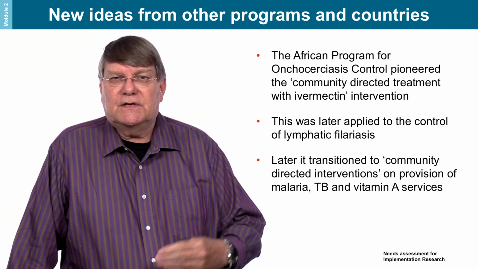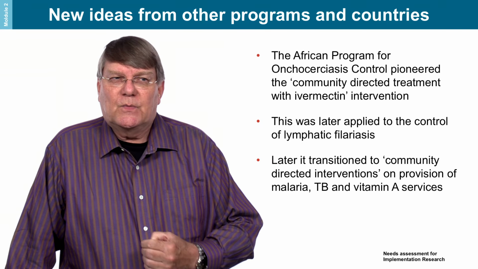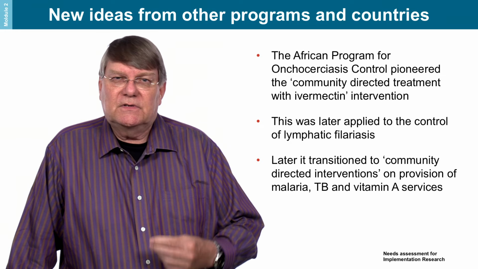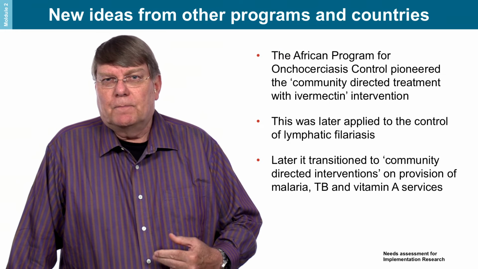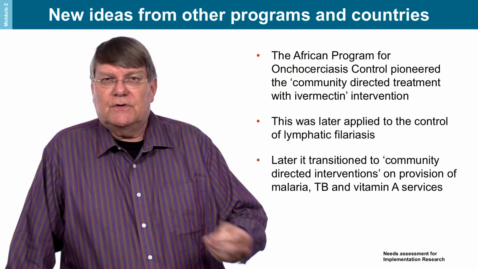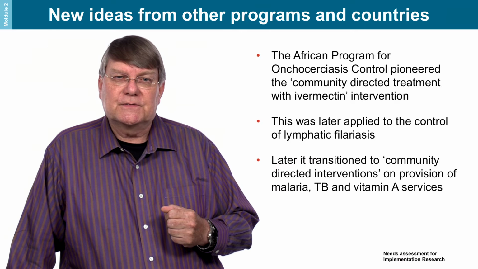So these were some of the things that were adapted as we went along. The lymphatic filariasis program also adapted the CDTI model. So yes, we can read reports and learn and adapt those to other programs.